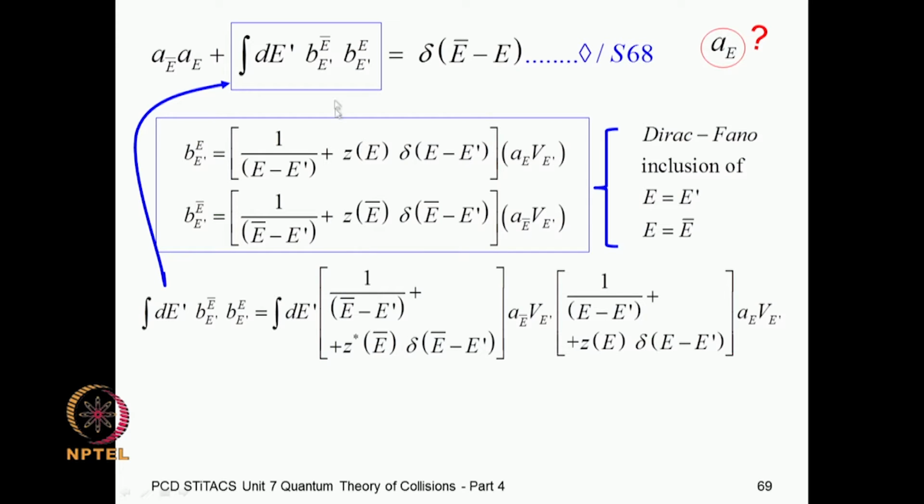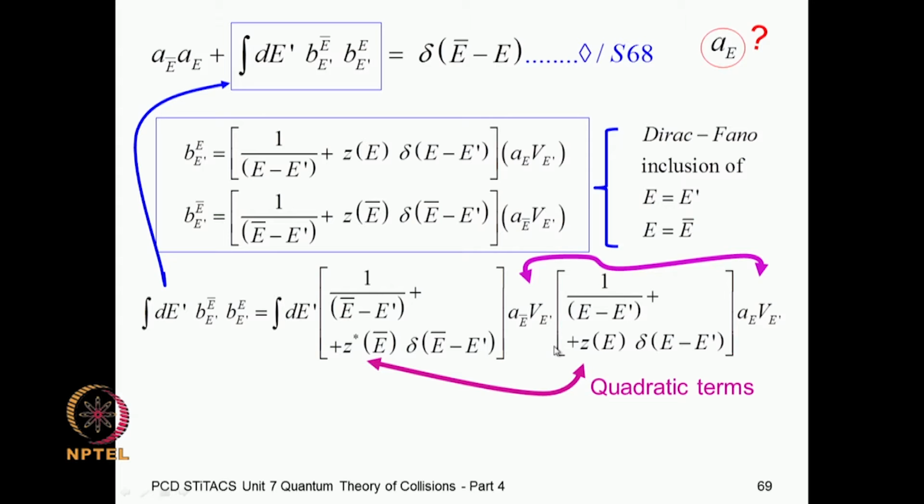So, you have one for E bar and the other one for E. So, you have two substitutions over here, one coming from this relation and the other coming from the corresponding relation for E bar. So, this is for E and this is for E bar. These two go into these two pieces. So, I substitute this and now I have got an equation which looks slightly large, but we can handle it on the screen.